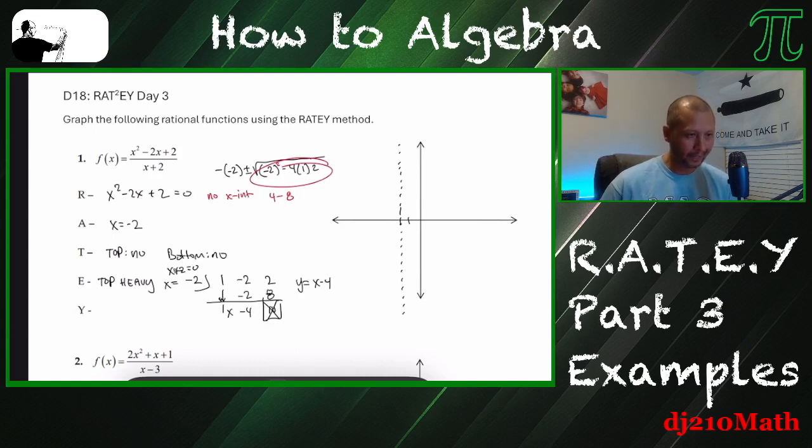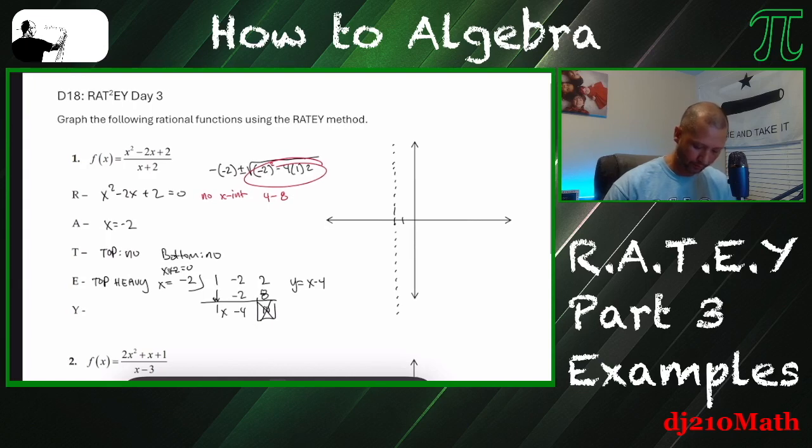In a top-heavy situation, it's not a horizontal asymptote, but it is an asymptote. It's a slant asymptote or oblique asymptote. It's basically non-horizontal. It's a dotted line, an asymptote that the ends of the branches will go towards, and in this case, it's a line that is y equals x minus 4.